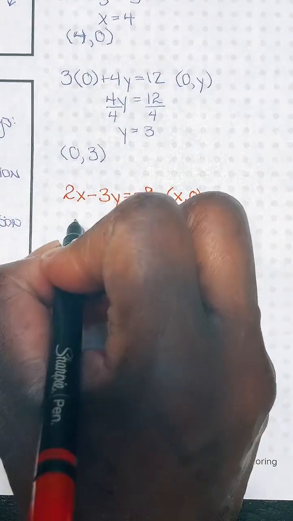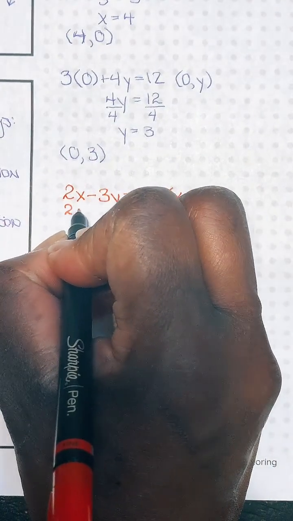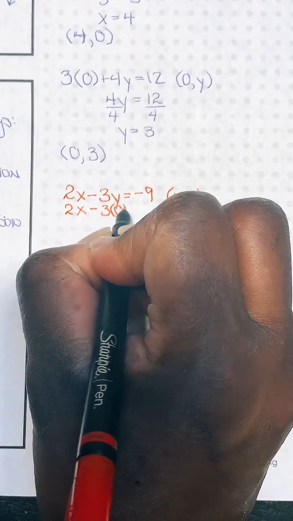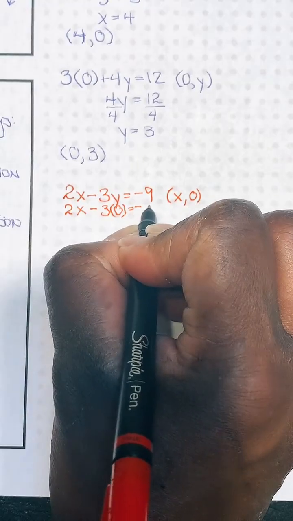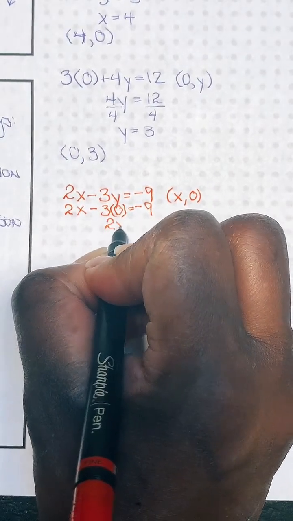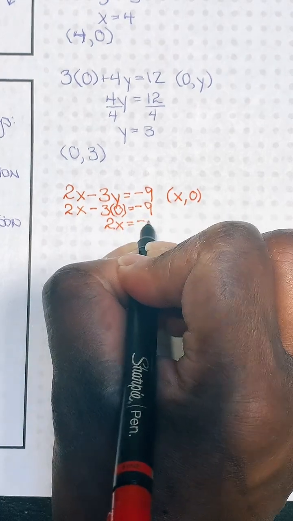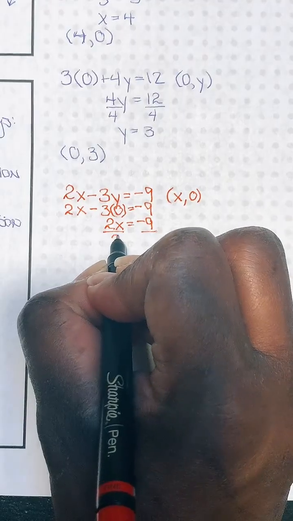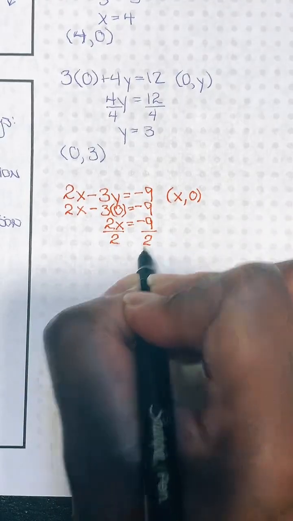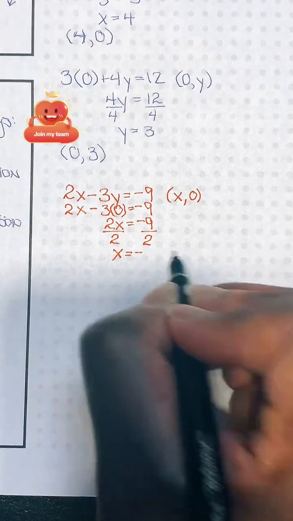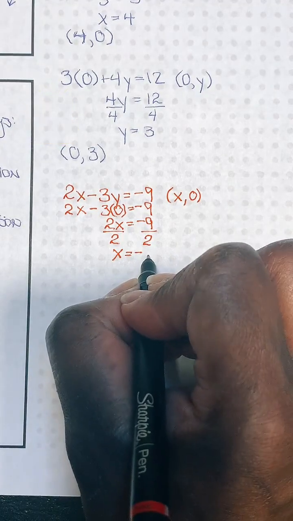So we have 2x minus 3 times 0, and we know that's going to give me a 0. So I have 2x is equal to -9. Divide both sides by 2, and x is going to equal negative 4.5.